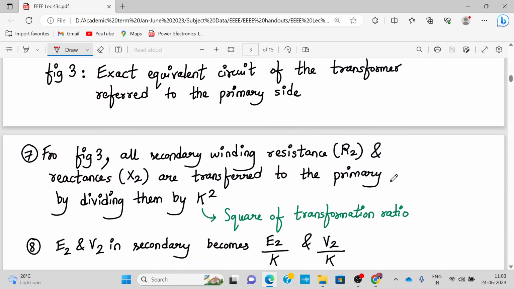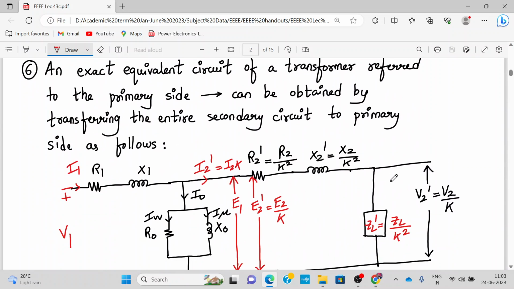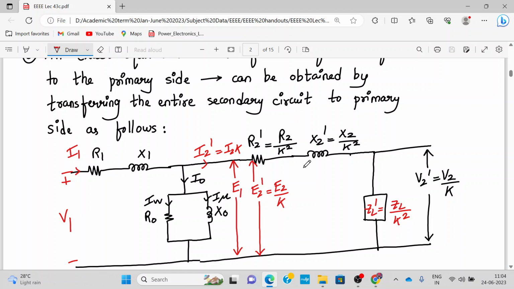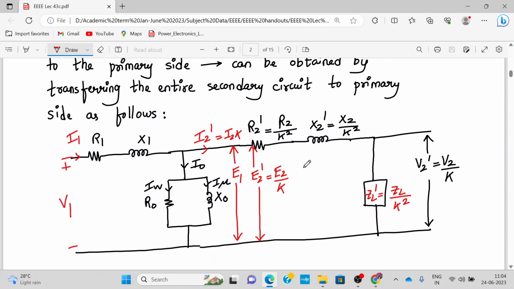Now next, in figure number 3, all the secondary resistance and the reactance are transferred to the primary by dividing them by K square. K is the transformation ratio, and all the voltages V2 and E2 in the secondary become V2 by K and E2 by K when referred to the primary.